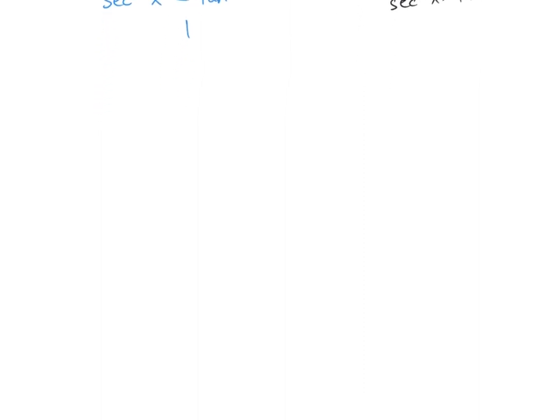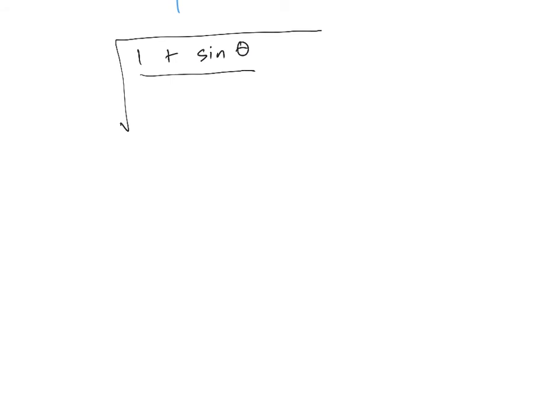Let's do a complex one here. What if we were given a complex trig identity? Let's say we are given the square root of 1 plus sine of theta all over 1 minus sine of theta, and it equals 1 plus sine of theta all over the absolute value of cosine of theta. How do we prove one way or the other?